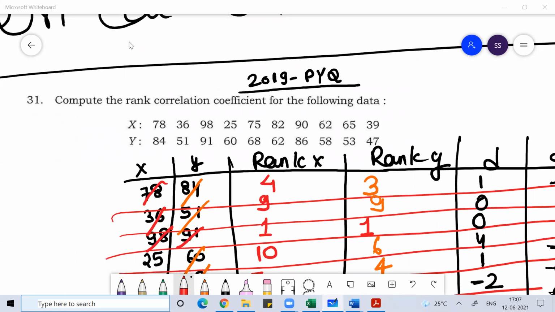Everyone understood this, right? Anyone have any doubt with the calculation part? Any question?